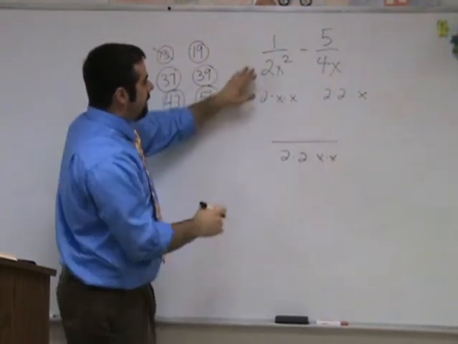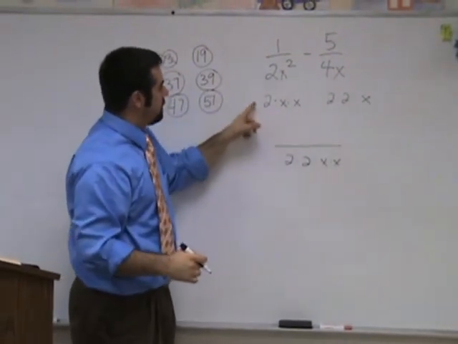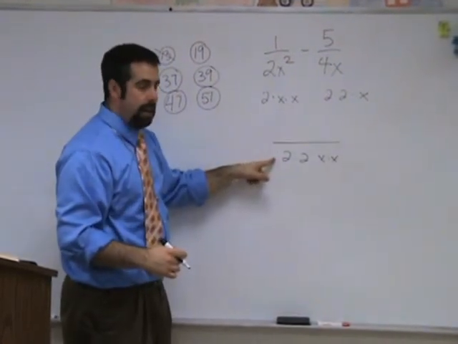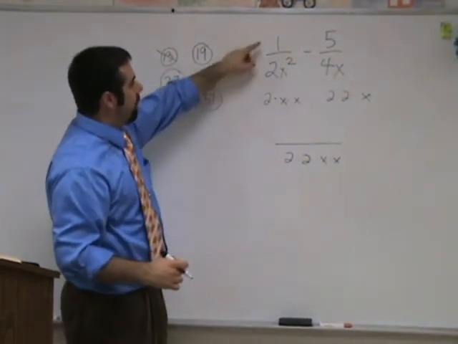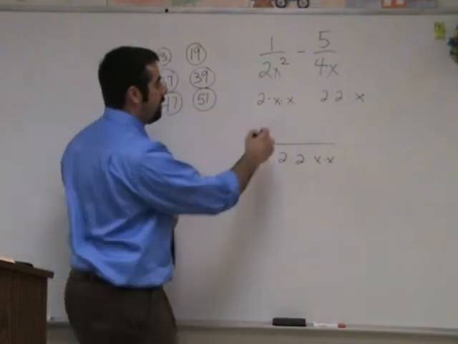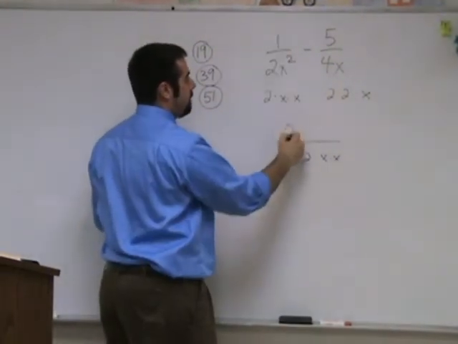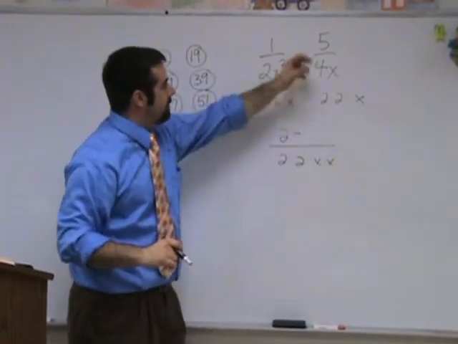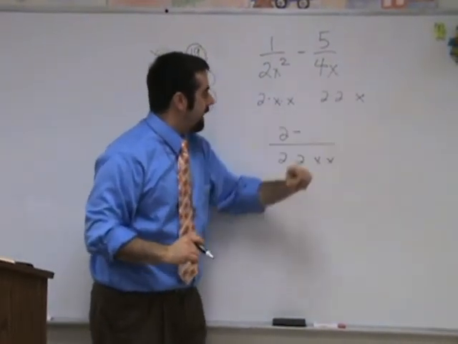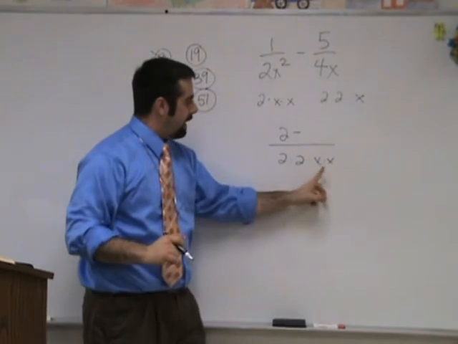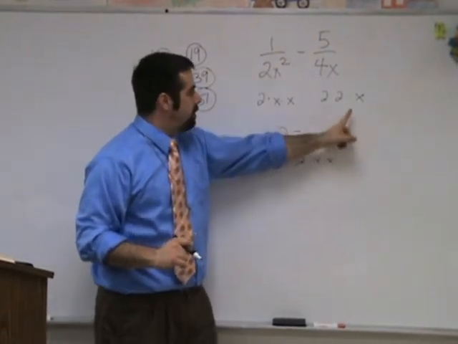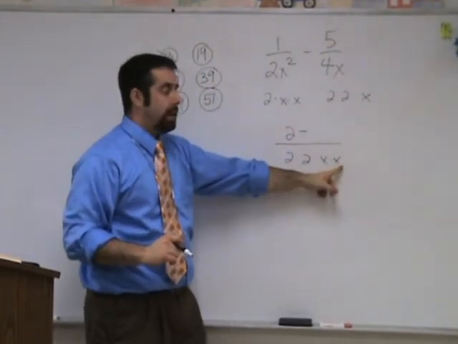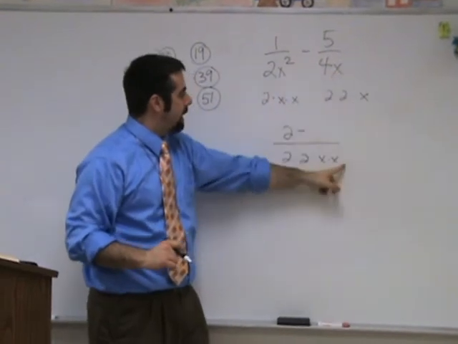All right, this denominator has 1 2 and 2 x's. So to change it to here, I need an additional 2, so I need to multiply the numerator by 2. So my 1 times 2 is simply 2. Over here, my second fraction, my denominator has a pair of 2's and an x. Here's the pair of 2's and 1 x. I need another x. So to change this denominator to my new denominator, I need to multiply by x.